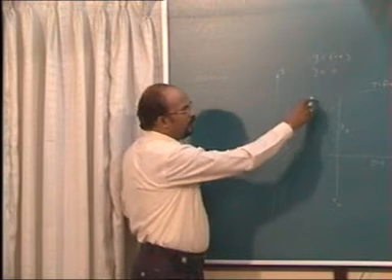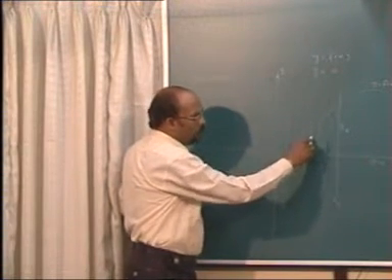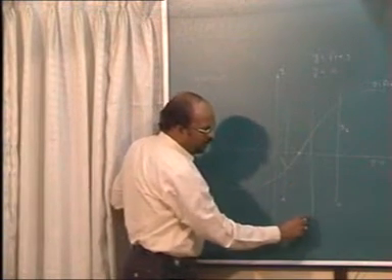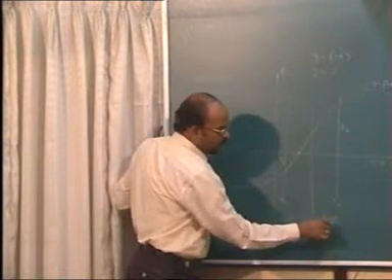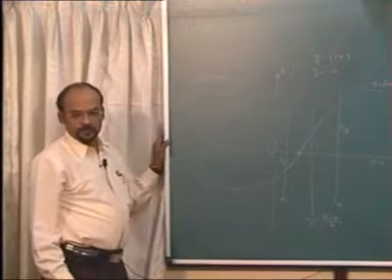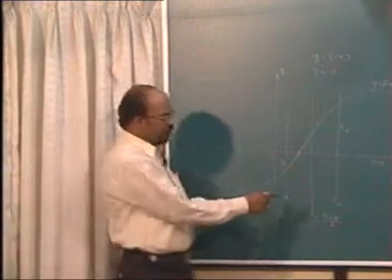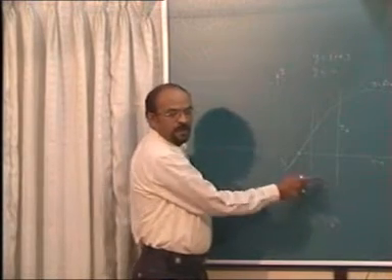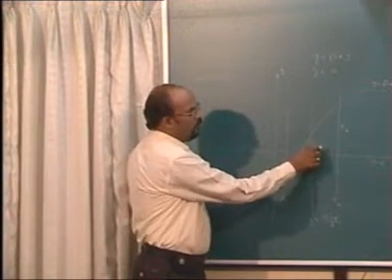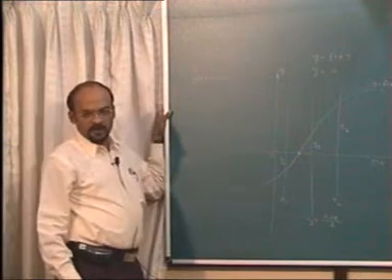And to determine the exact value of the root, we go to the midpoint of that interval and determine x3, which happens to be (x1 + x2)/2. Now the possibilities are the root could be between x1 and x3 or x3 and x2, but it will depend on the corresponding value of y3.